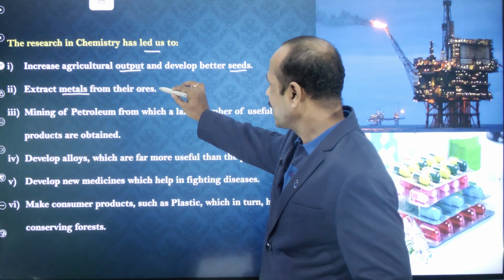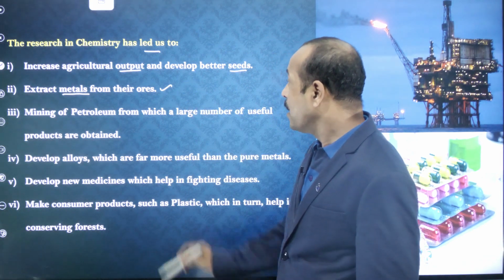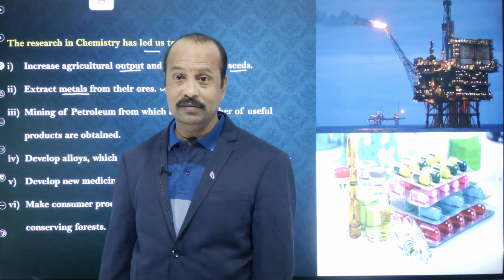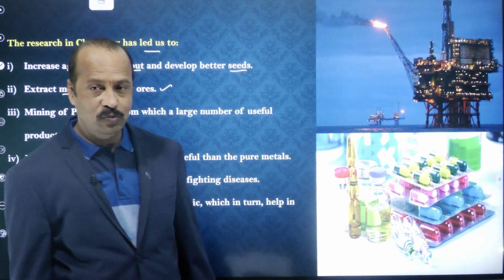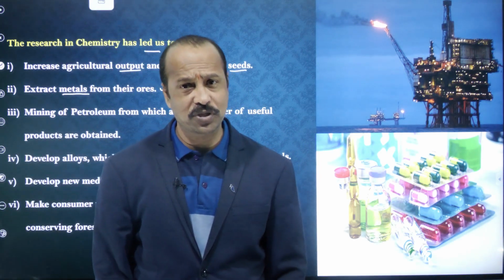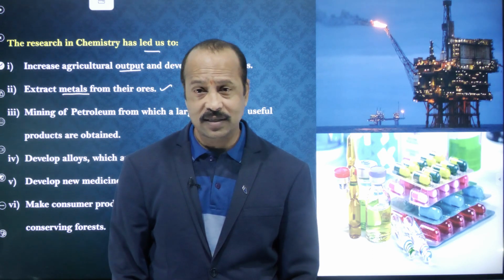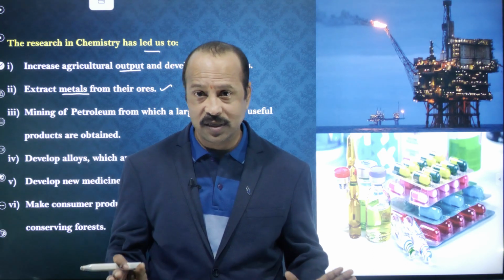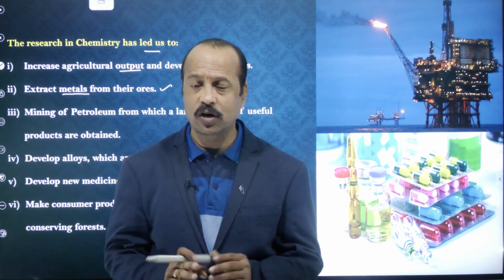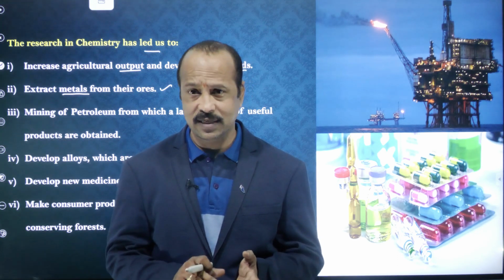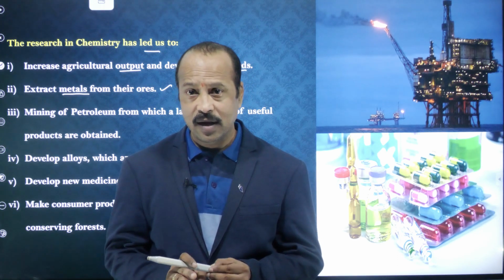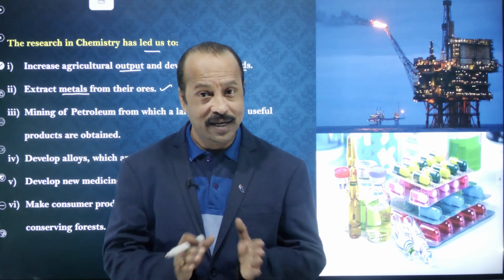So extraction of metals from their ores, mining of petroleum. See here, this is also very important. Total transportation depends on petrol or petroleum products, petrol, diesel, and so on. And day by day they are getting diminished.